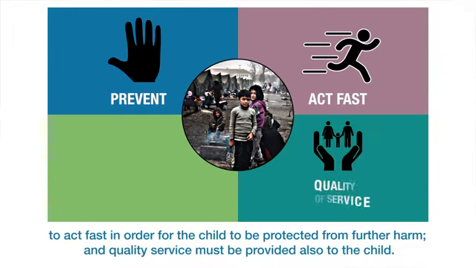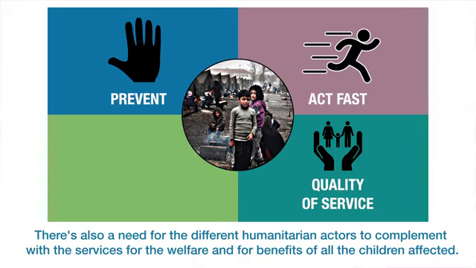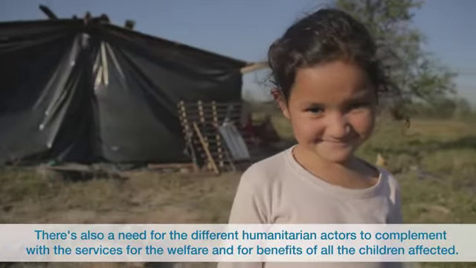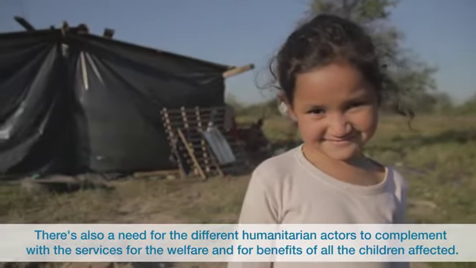And quality service must be provided also to the child. And there is also a need for the different humanitarian actors to complement with the services for the welfare and for the benefits of all the children affected.